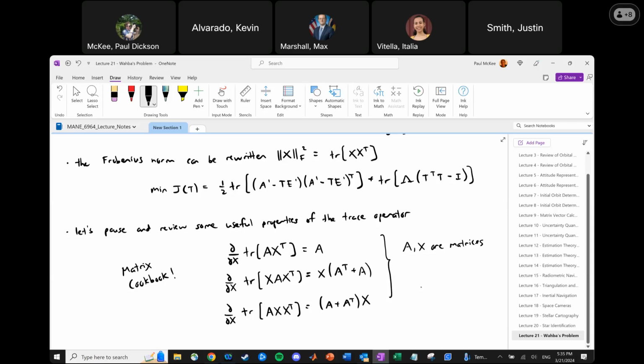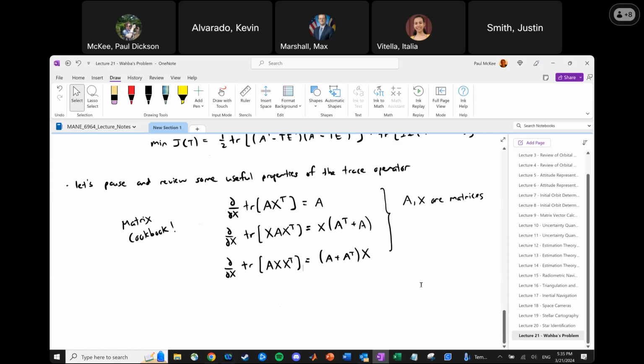But if you did know it, it's a cool identity you can use for your derivations. Some of these have to do with derivatives of matrices, the trace operation, derivatives of the trace operation, and so on. So if it feels like I'm pulling these out of thin air, I'm not. I'm pulling them out of the Matrix Cookbook, which I encourage you to go take a look at.